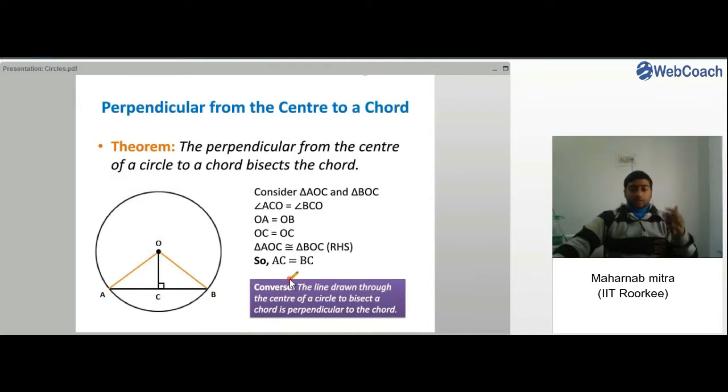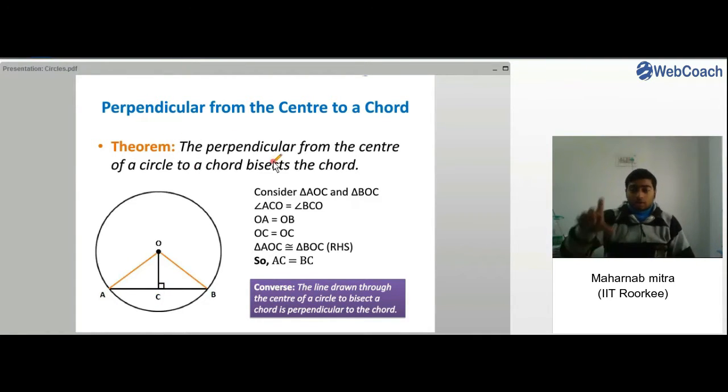And the converse also states that if the line drawn through the center of a circle to bisect a chord is perpendicular to the chord, right? The line drawn through the center to bisect the chord comes out to be perpendicular to the chord, right?